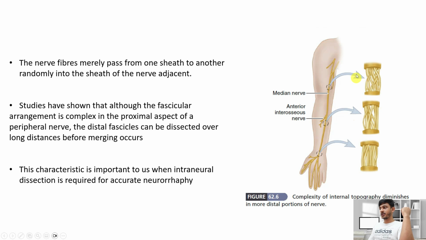As we move from proximal to distal, proximally is where the plexiform arrangement is more predominant. As we come to the middle region, we can see the plexiform arrangement is less, and distally they're just like regular electrical cables running parallel to each other, and there's less intercrossing of the axons between each fascicle.